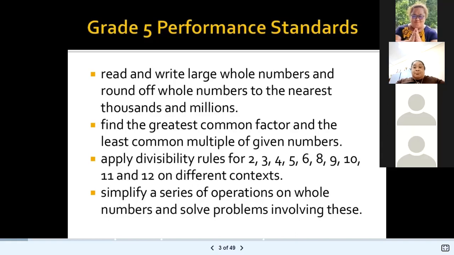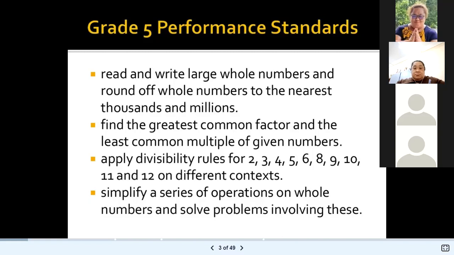So here in the grade 5 performance standards: read and write large whole numbers and round off whole numbers to the nearest thousands and millions. So, when we say round off, if the number following the whole number is low, we no longer round off. And when it is high, we round off, which means the whole number increases by one.